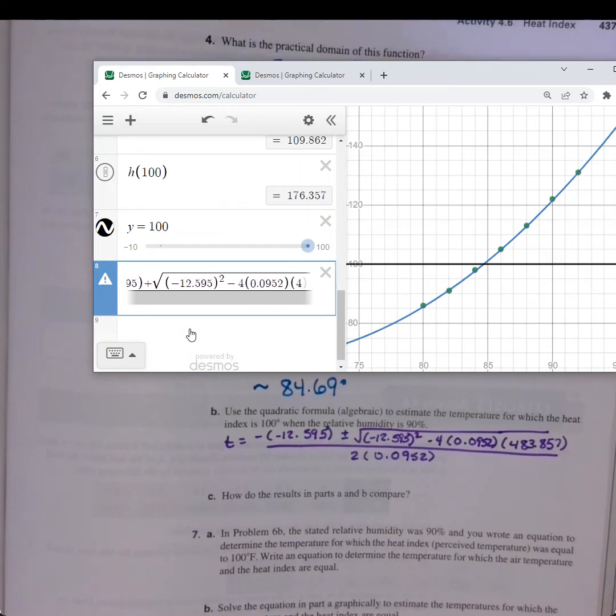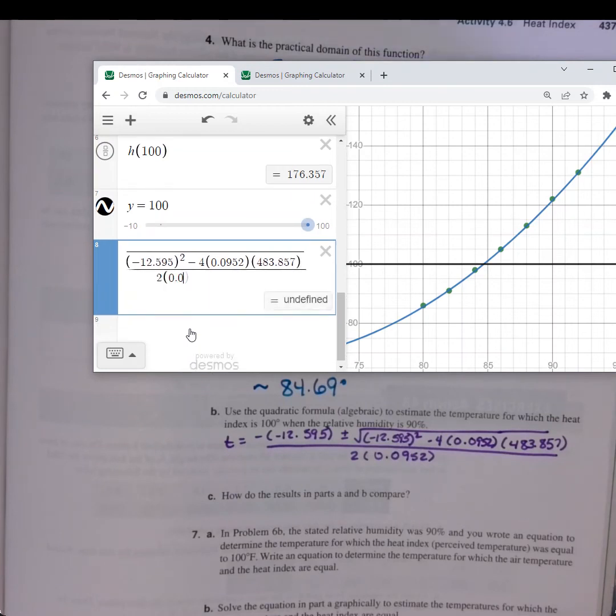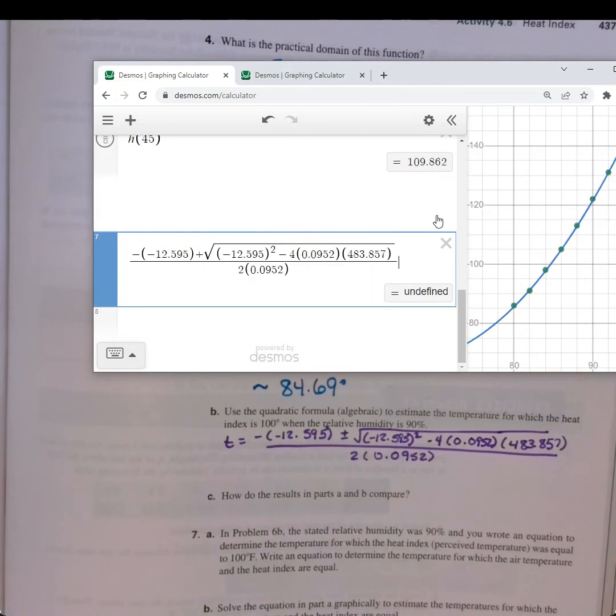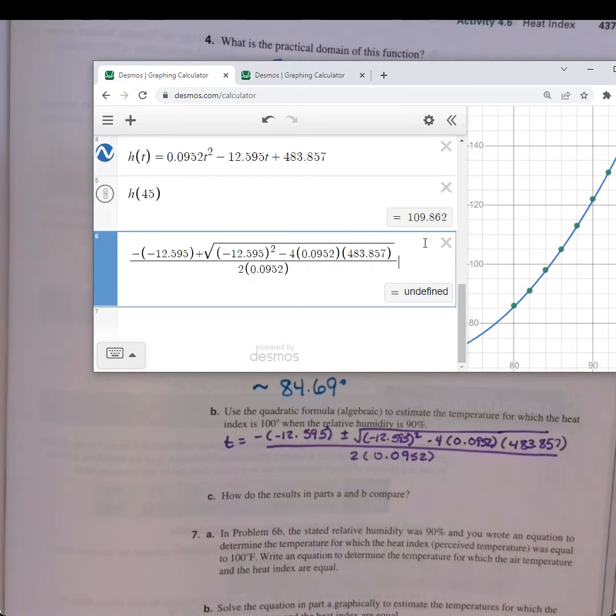And c, 483.857 divided by 2 times a. Okay, hold on, something did not work. Let me make sure that I have my values typed. I know I did. Oops.